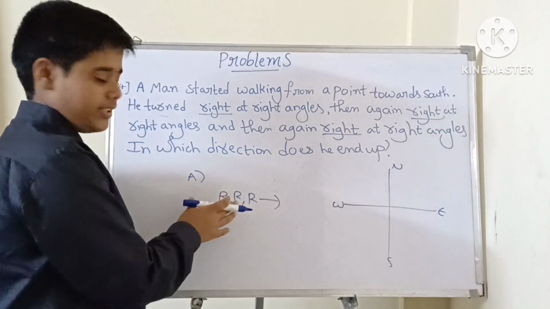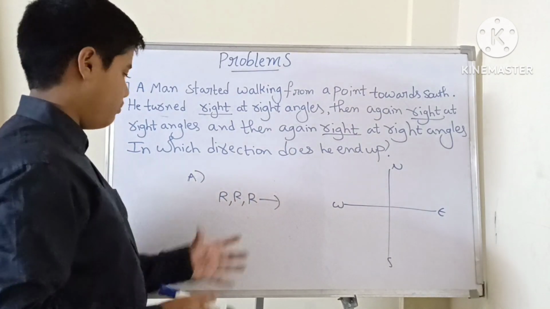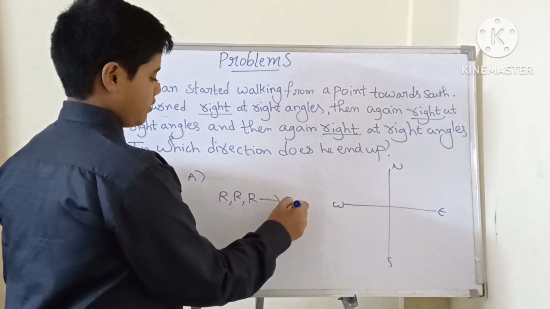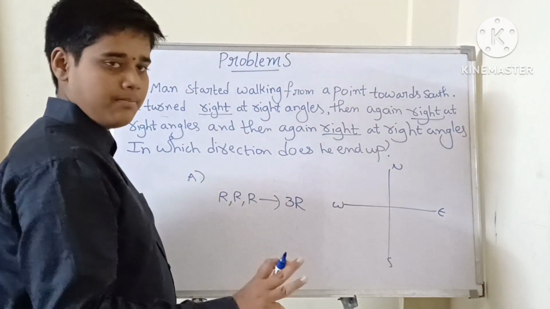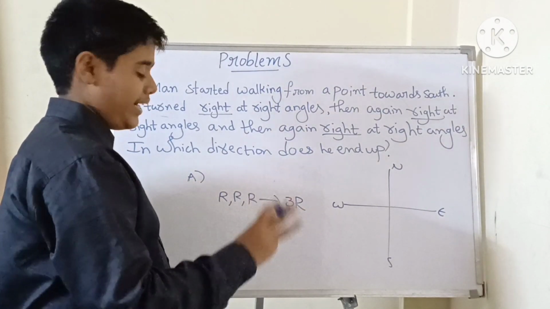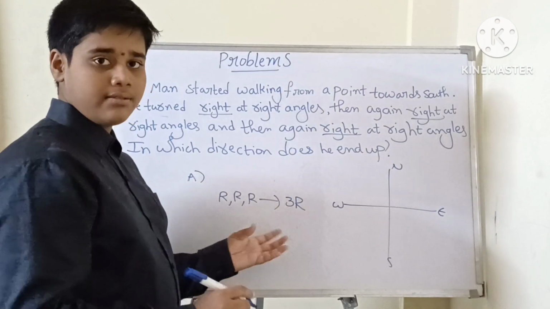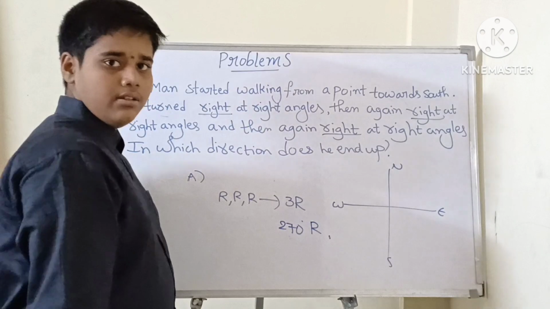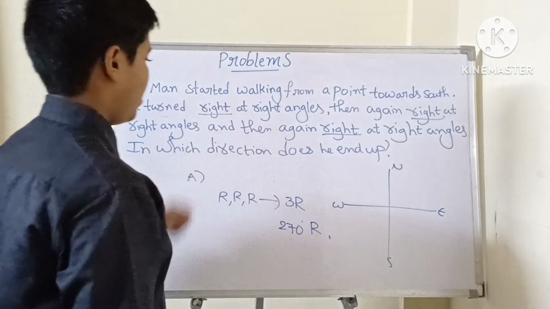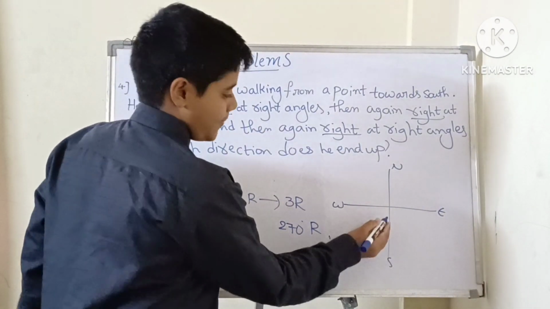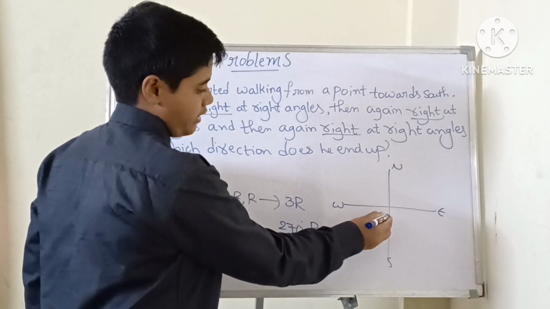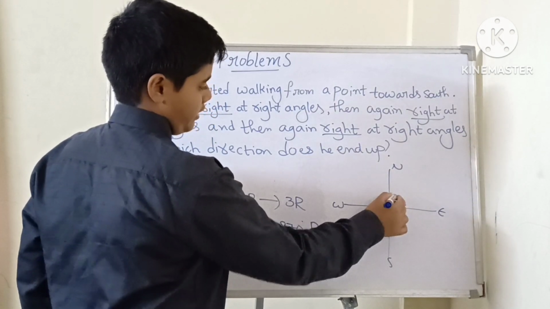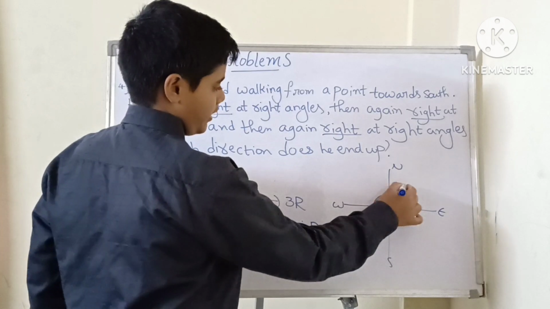If we add these 3 rights, because these 3 are the same, 1 right is 90 degrees, so 3 rights means 270 degrees right. Now we have to consider from south 270 degrees, which means 180 plus 90, 270.